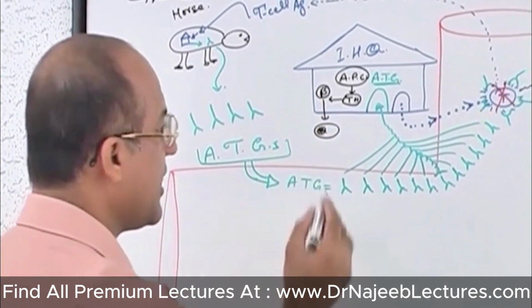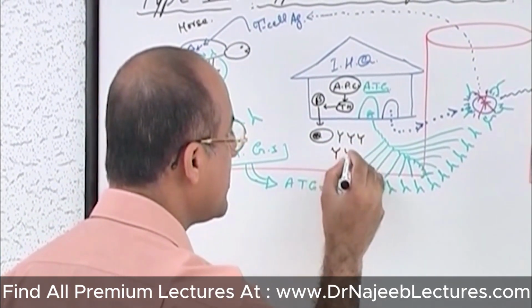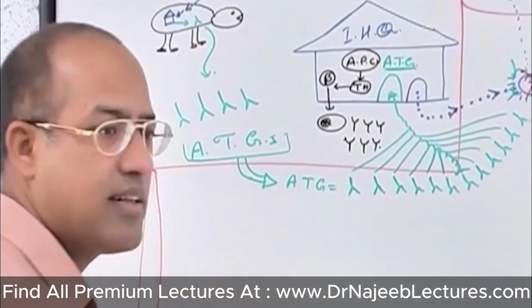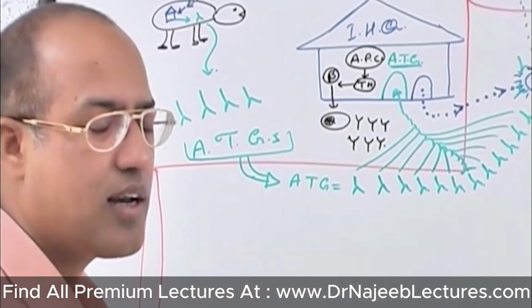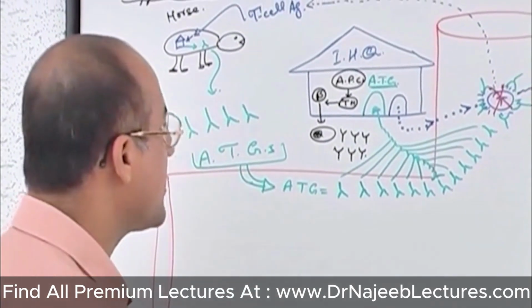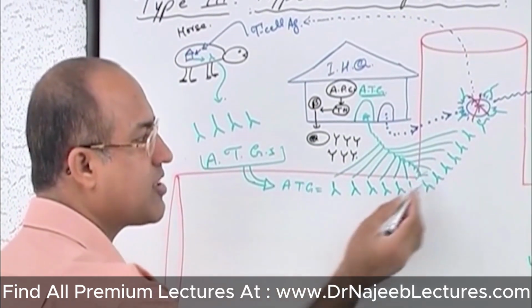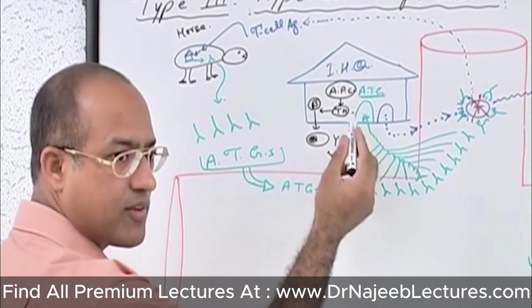And these plasma cells will start making another class of antibodies, and these black antibodies are the antibodies which are against the ATGs. These black antibodies are produced by the immune system when horse antibodies trigger the immune system. Is that right?